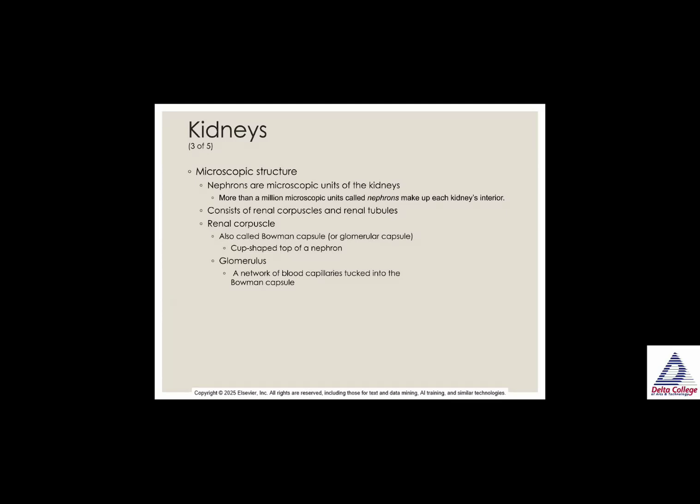They consist of renal corpuscles and renal tubules. A renal corpuscle, also called a Bowman capsule or a glomerular capsule, very important, is the cup-shaped top of a nephron. The glomerulus is a network of blood capillaries tucked into the Bowman capsule.